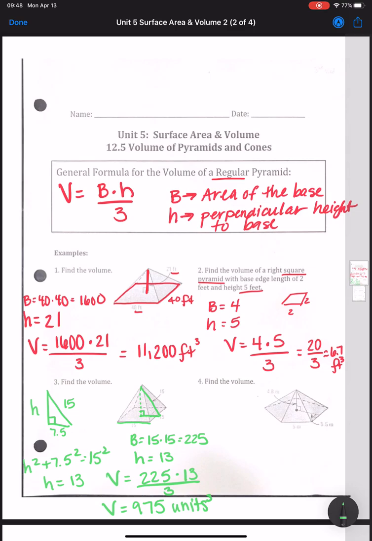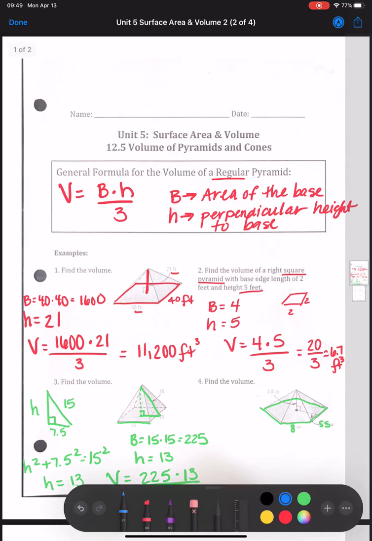Our last one here, our base is in the shape of a pentagon, 5 sides. Now they made this a little bit easier for us because they told us this edge is 8, and they told us the apothem is 5.5. So finding the area of this polygon's not too bad for us this time.